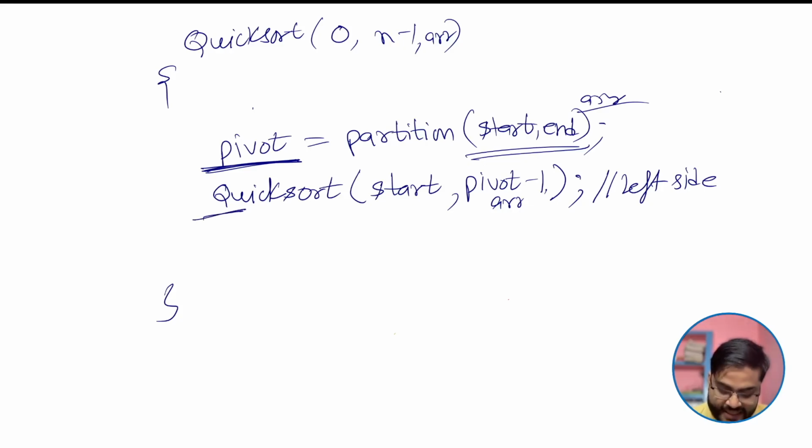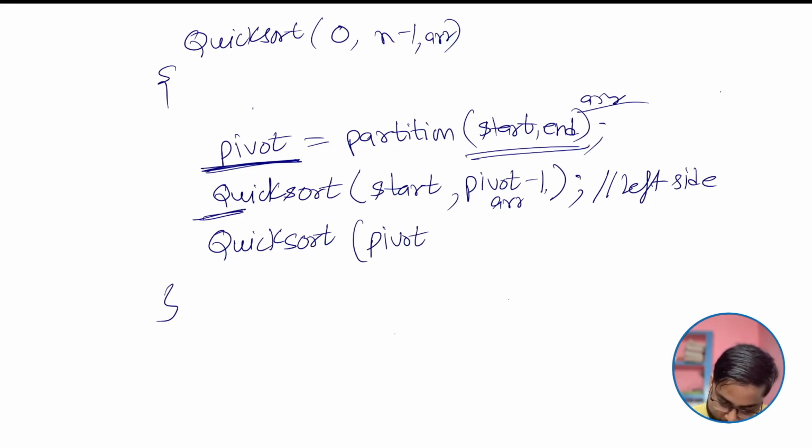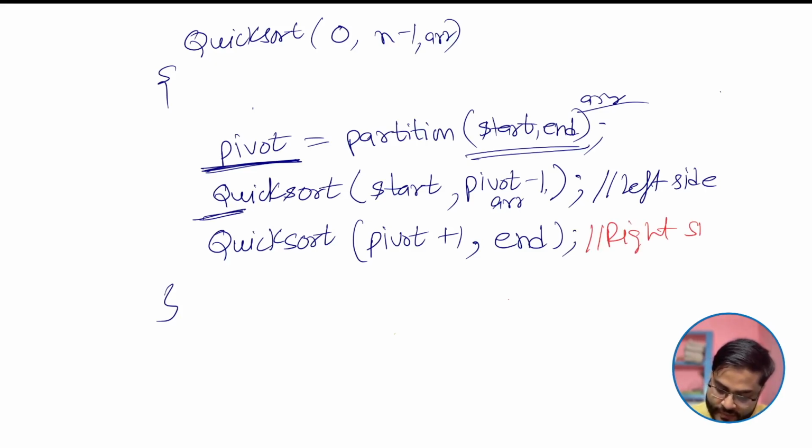This recursive function will take care of the left side elements. For the right side, the elements will start from my pivot plus 1 index and run till my end. So this will take care of my right side.